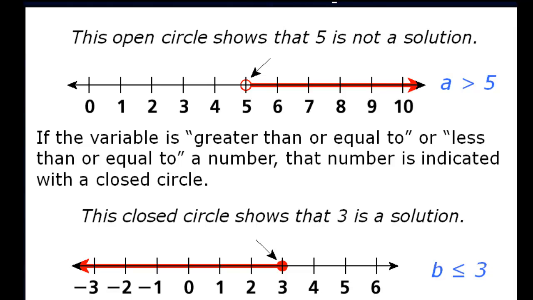So if B equals 3, then 3 is a solution, since 3 equals 3. Okay, any number below 3, any number smaller than 3, is also a solution. If I have 2.999, it's also a solution. If I have 2, it's a solution. 1 is a solution. Okay?